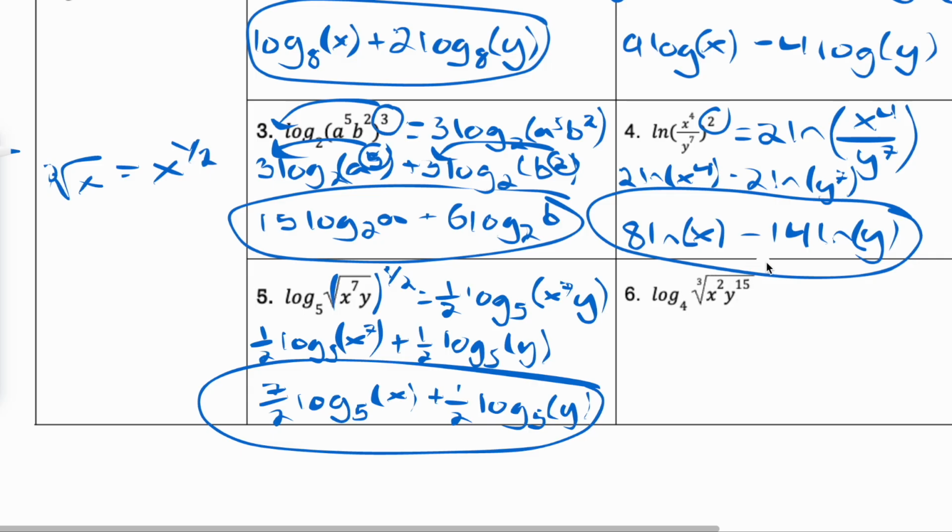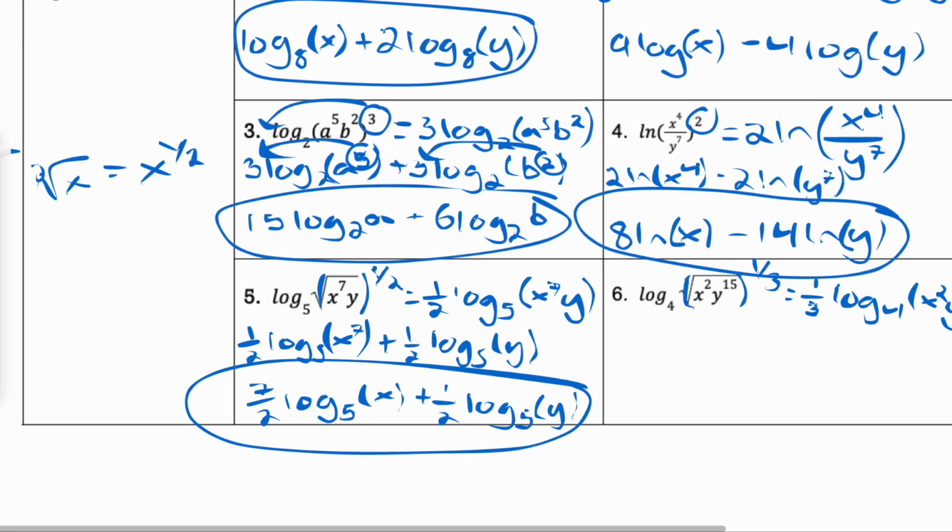I would write it out, but it's going to get messed up by this. Just know that's to the 1/3 power. So I'm going to move that 1/3 out front by saying 1 over 3 times log base 4 of x squared y to the 15th.